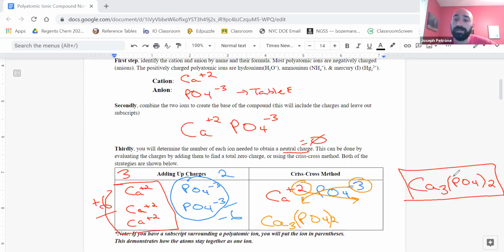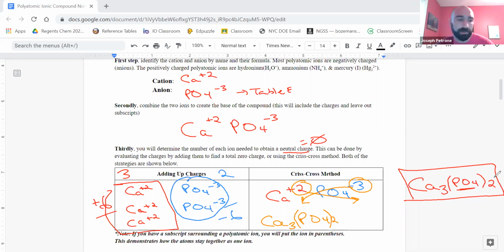And then the fact that we put these in parentheses, much like in math class, we grouped up the phosphate ion, which is composed of 1 phosphorus and 4 oxygens, but we needed 2 of them. So the parentheses indicate that there are 2 of these whole sets. All right. So this is how you determine the formula of a compound containing polyatomic ions from the name.